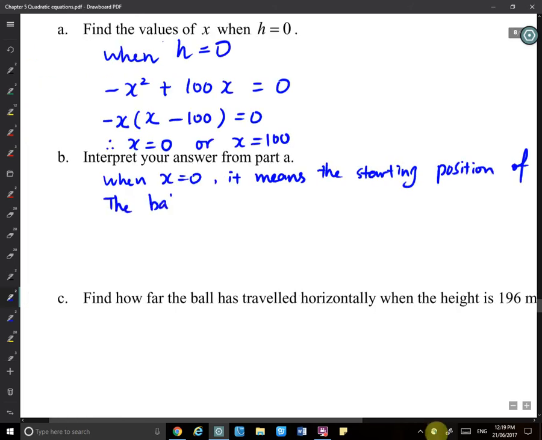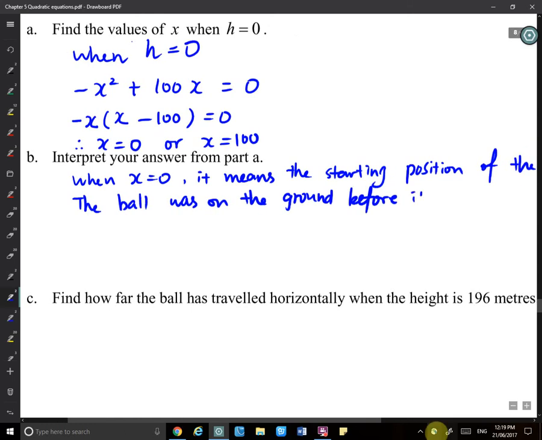The ball was on the ground before it was hit.